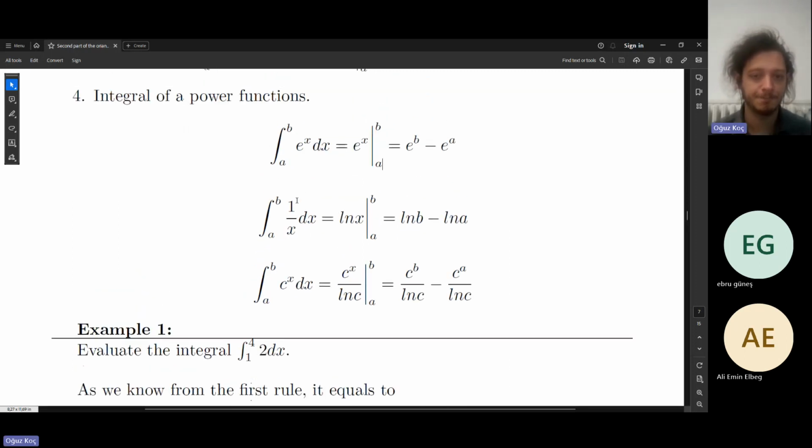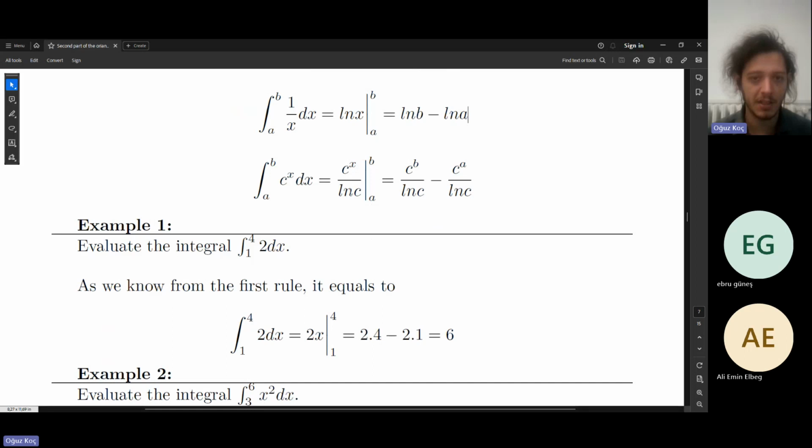And then we have the integral of 1 over x. When we take the integral of 1 over x, it gives you ln x. And you may remember that when you take the derivative of ln x, it gives you 1 over x here. And for the bounds, it is equal to ln b minus ln a.